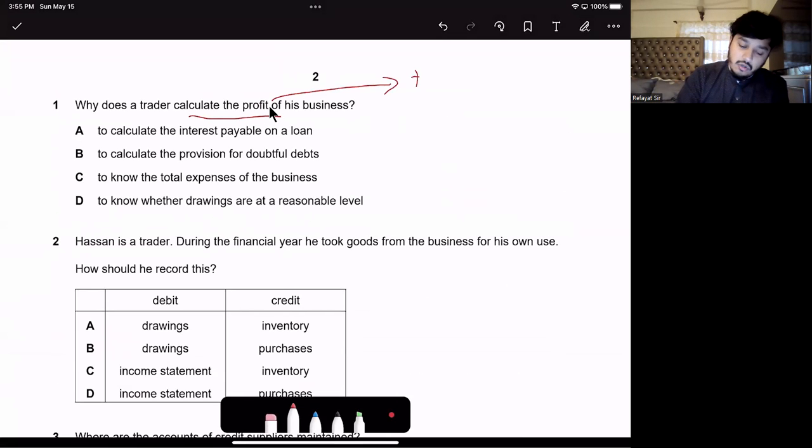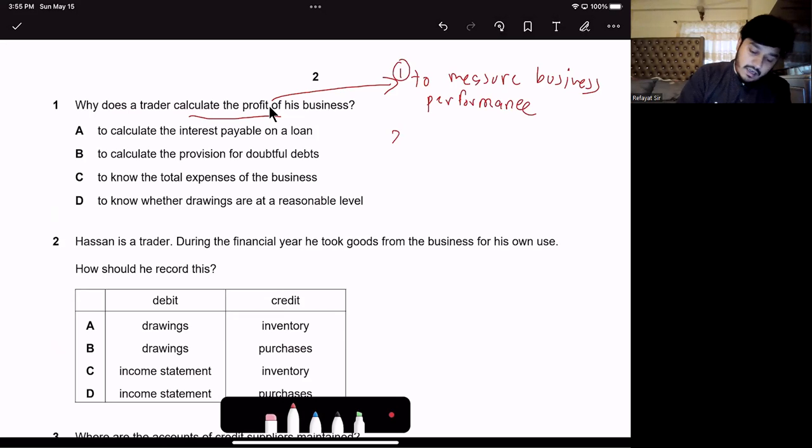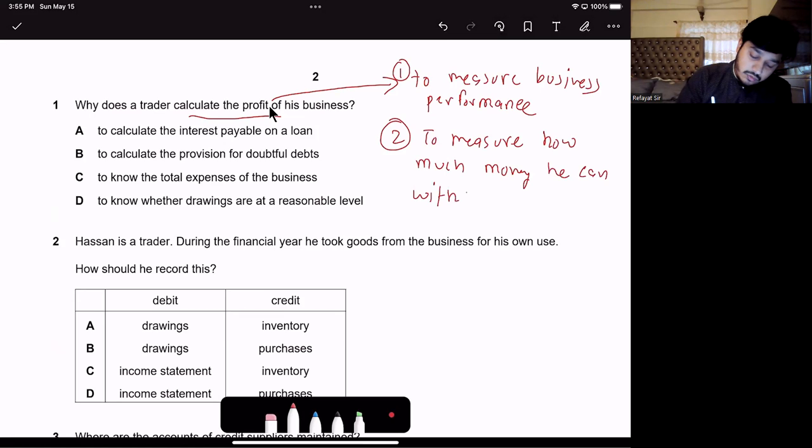Number one, to measure business performance, and number two is to measure how much money he can withdraw. Or withdraw, I mean drawings.